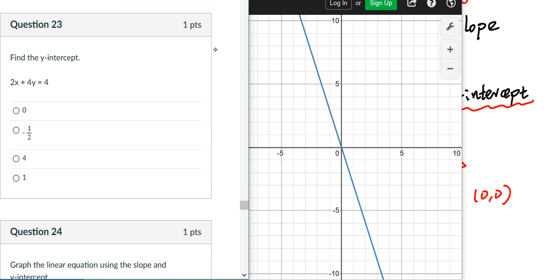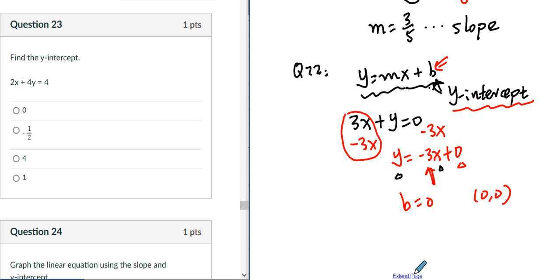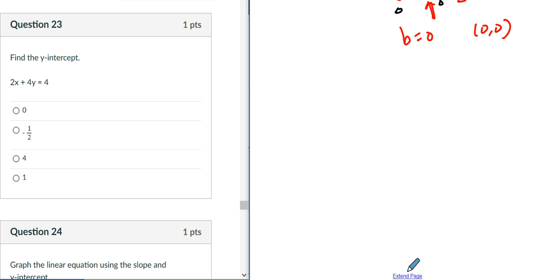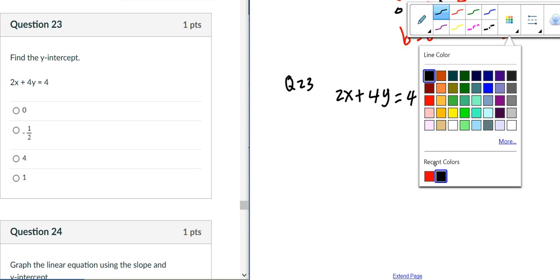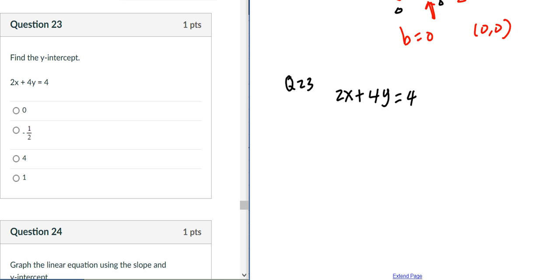The y-intercept is 0. Now, this one, you might be able to do it, but since we are here, we got to finish it quick. Question 23, y-intercept. You want to do 2x plus 4y is 4. You want to isolate y.